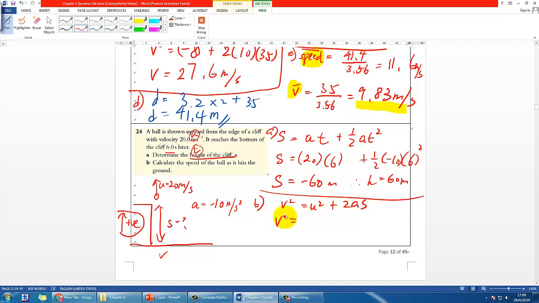V squared equals 20 squared, upward is positive, plus 2 times -10 times s, which is -60. Be careful, be very consistent with your direction. After you calculate all these things, you can find V is 40 meters per second. And yeah, I think that's all.